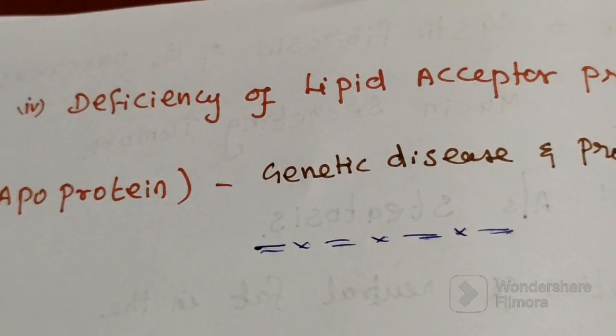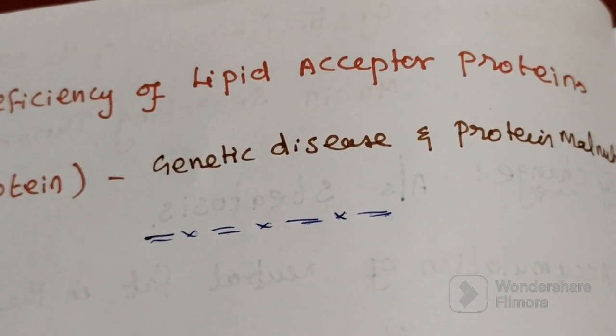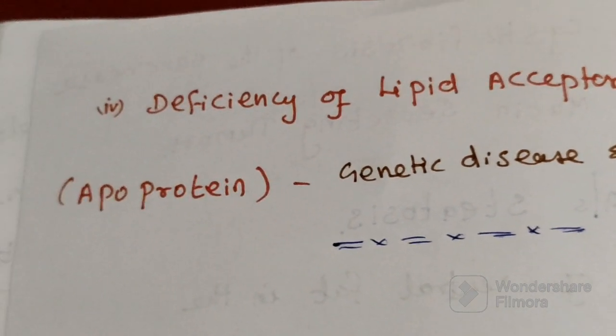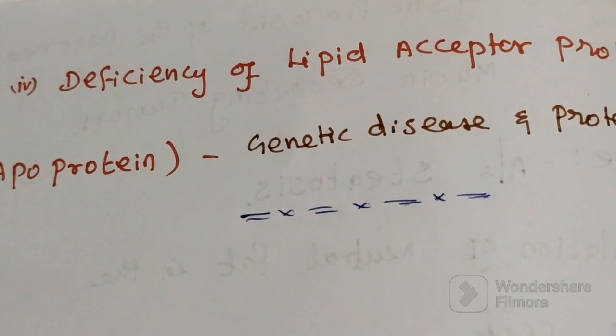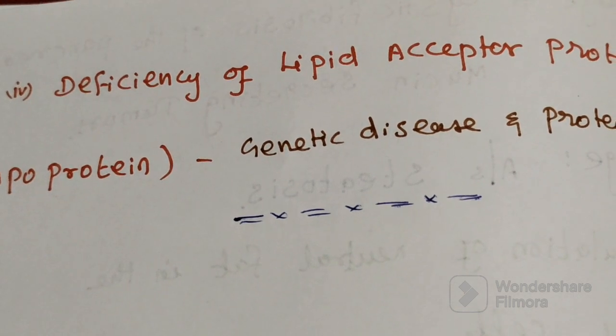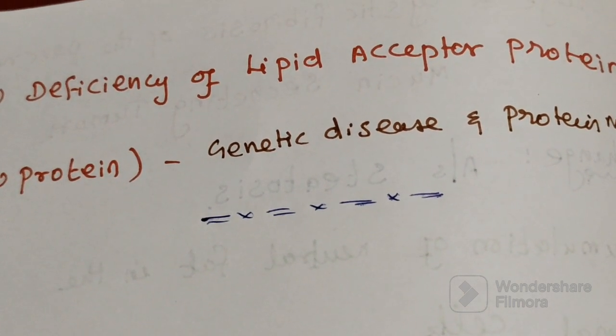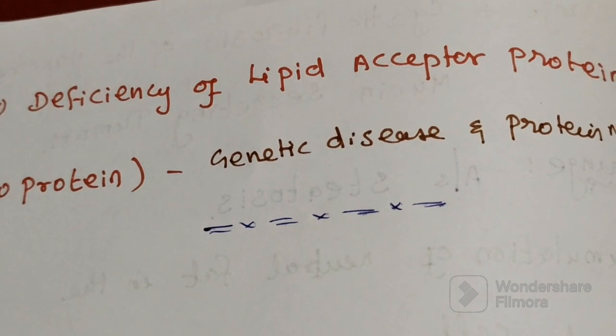Last condition, deficiency of lipid acceptor proteins, which are called apoproteins. What is the role of apoprotein? It carries triglyceride to the tissue or cell.